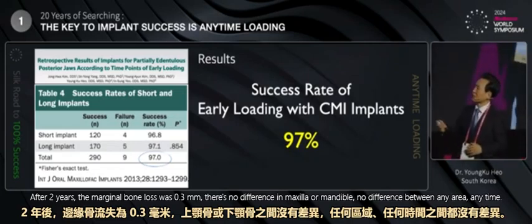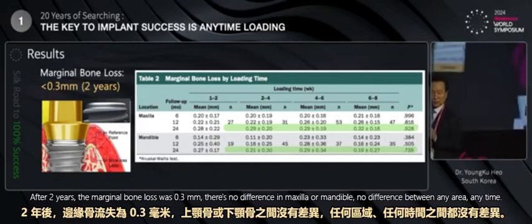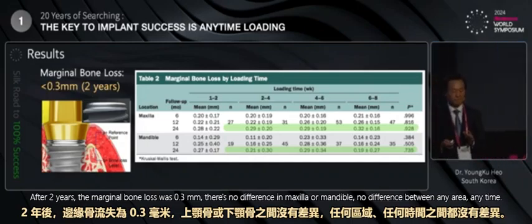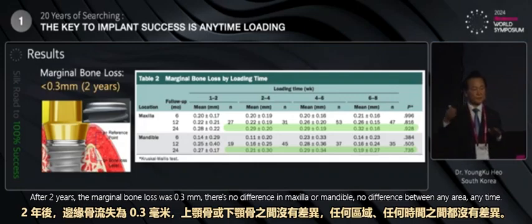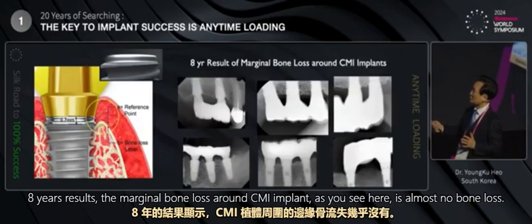And the marginal bone loss was like this, 0.3 millimeter after 2 years. There's no difference between maxilla and mandible, no difference in any area, any times. The marginal bone loss around CMI implants, as you see here, is almost none.